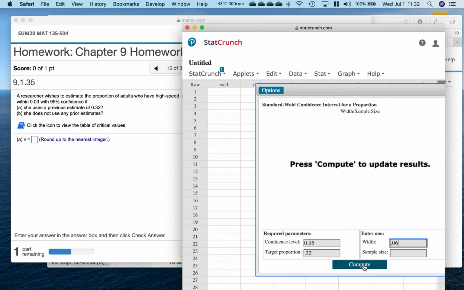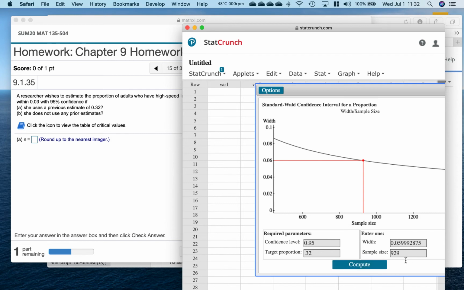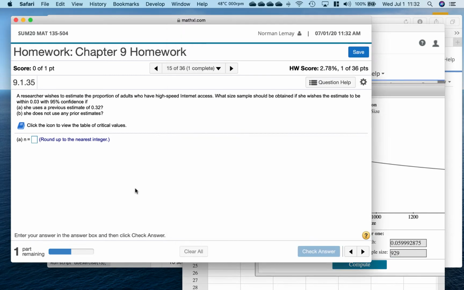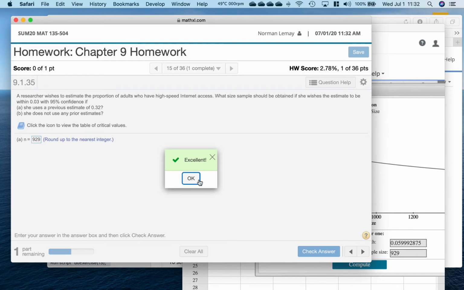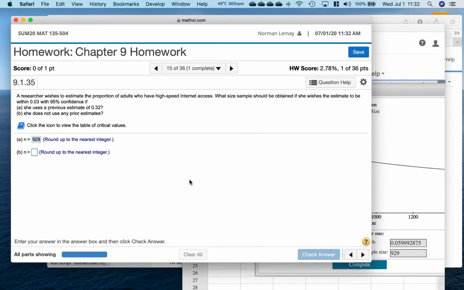Then notice it says we have to have 929 samples. If we type in 929 and check the answer, hopefully we get the green box. Boom, there it is.